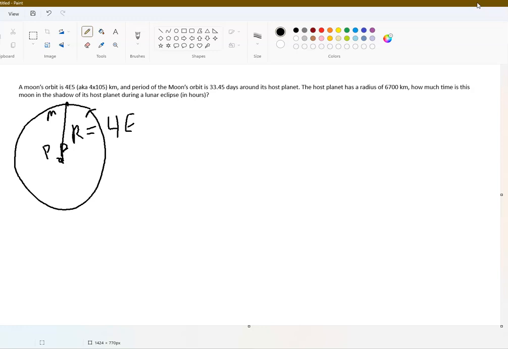So this 4E5 also means 4 times 10 to the fifth, and that's what I was saying right here. And it's in kilometers. So if I write 4E5 or 4 times 10 to the fifth, that means the same thing.